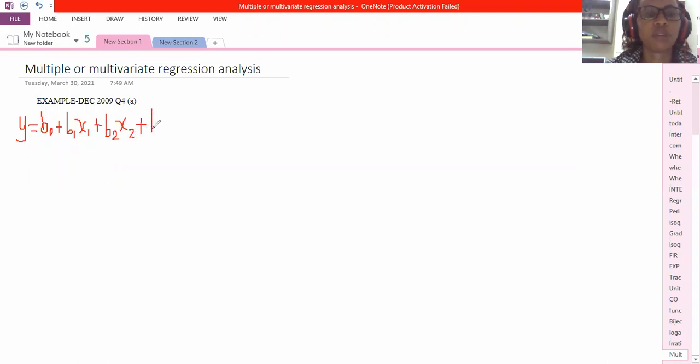Of course, it will depend on how many there are in a given analysis. So I may put some dashes. Of course, one needs to go up to the point where we have the last independent variable. Let's assume we have up to the mth independent variable with its corresponding coefficient known as Bm.